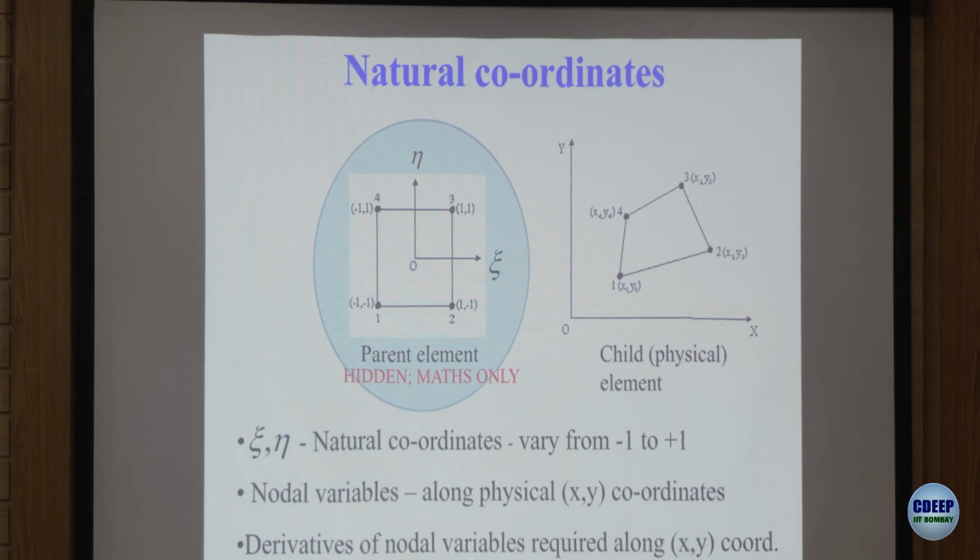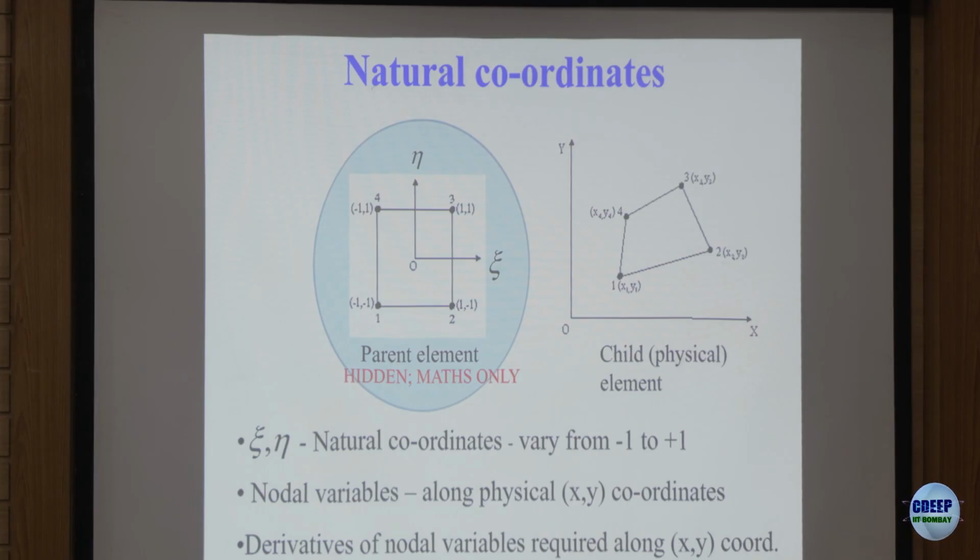Edges will be straight. Coordinates vary from -1 to +1, -1 to +1. Okay. All my integrations, differentiations, everything that I would do will be in this coordinate frame. Can you see it? No. All these things are hidden inside my computations.